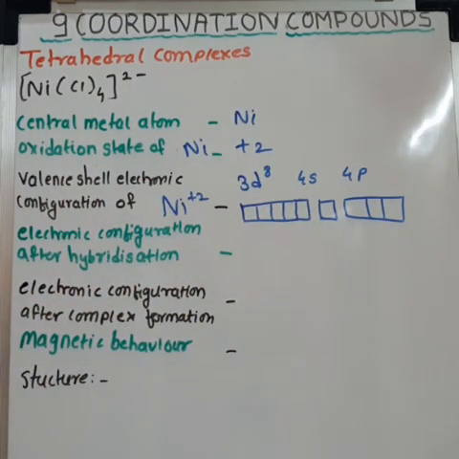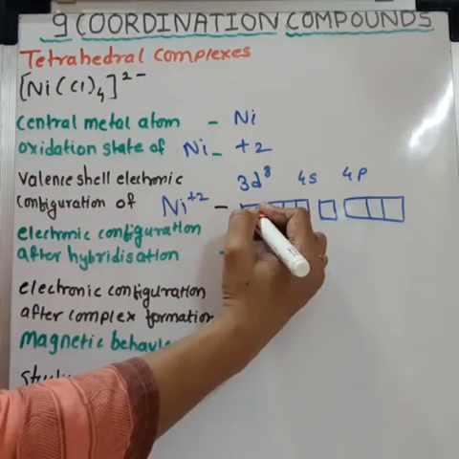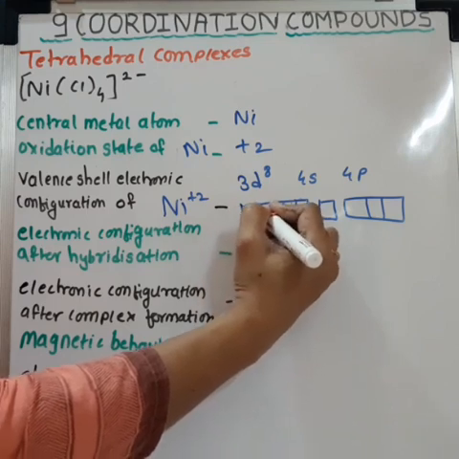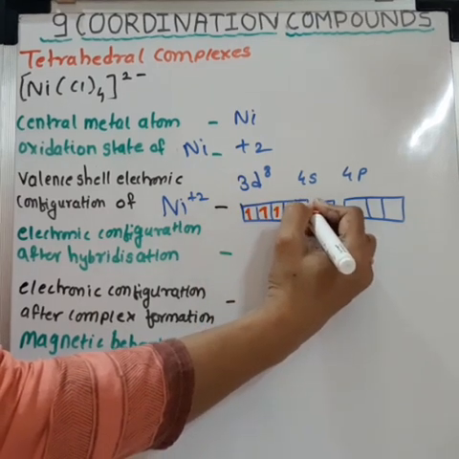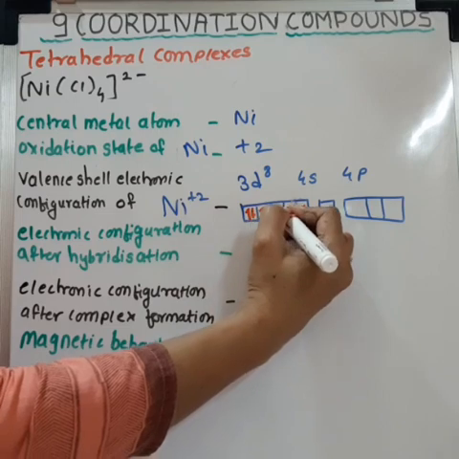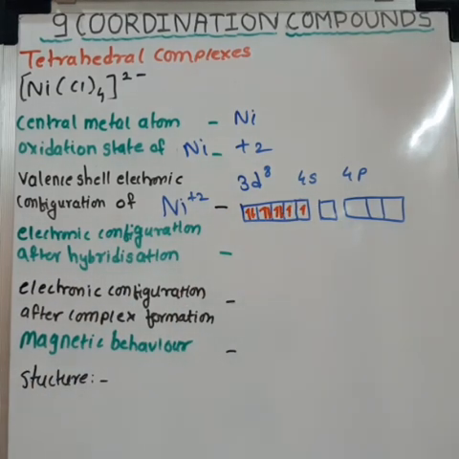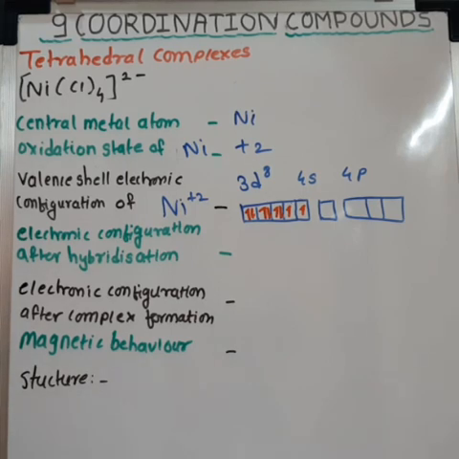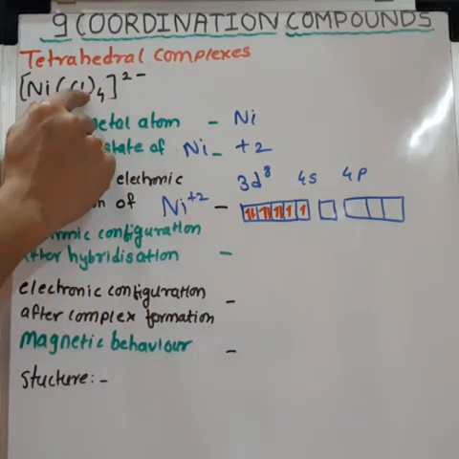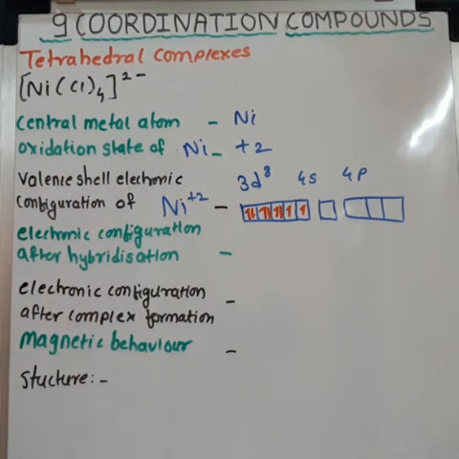there are 8 electrons in the 3d shell. Now the electronic configuration after hybridization. For hybridization 4 orbitals are required, and there are 4 chlorine atoms as ligands in this complex.